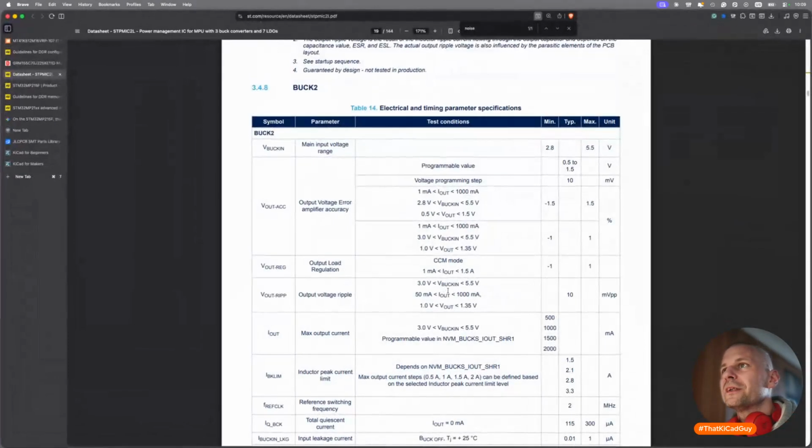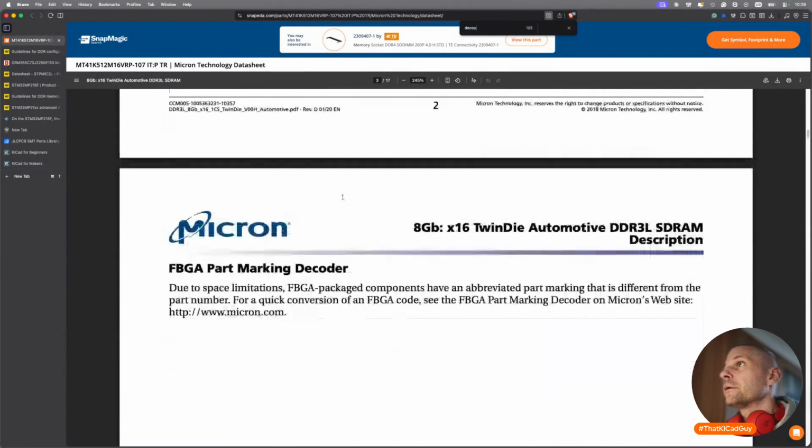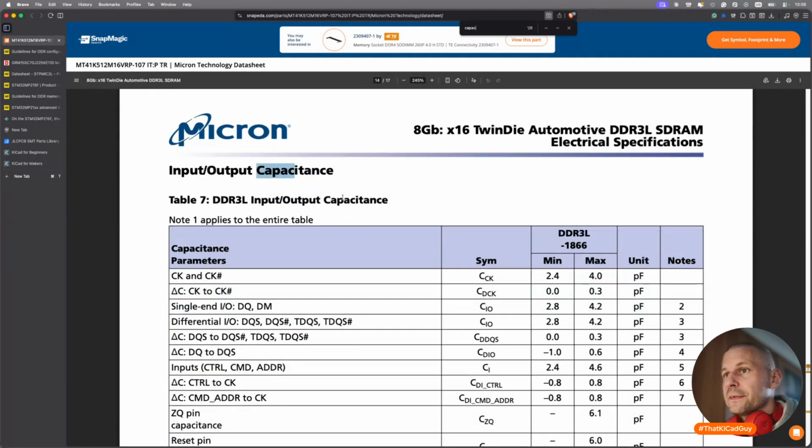I don't know how many decoupling caps we need. Let's try searching decoupling. This is signal capacitance, but I'm interested in the decoupling.